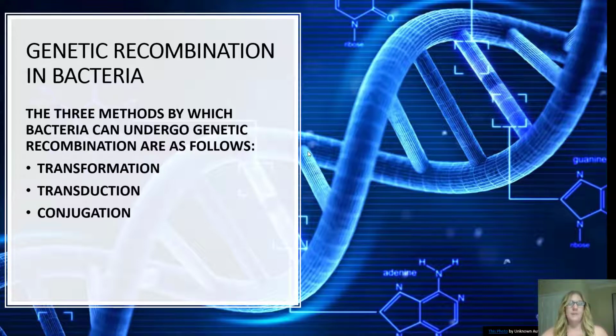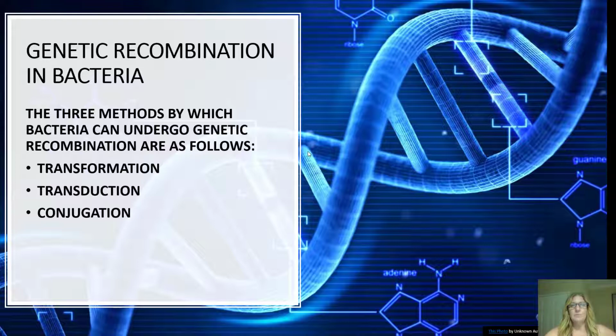Okay. So bacteria cells reproduce using binary fission. That means that when they reproduce, they are not having any sort of genetic recombination. However, we see that having genetic recombination and genetic variance within a species is highly, highly important for survival of that species.